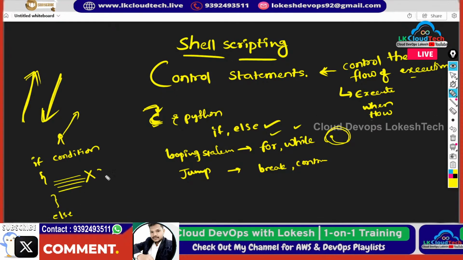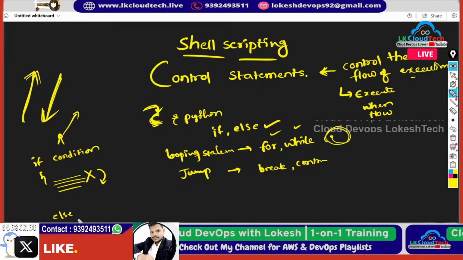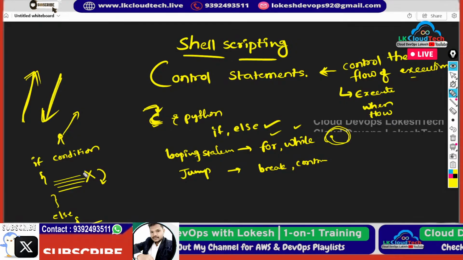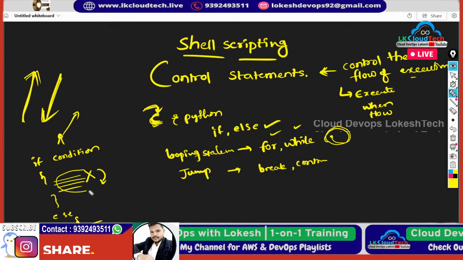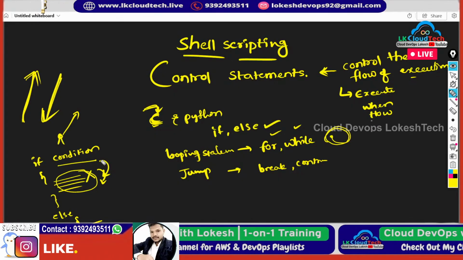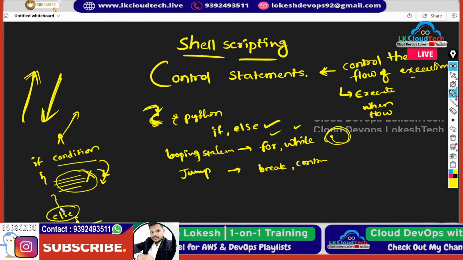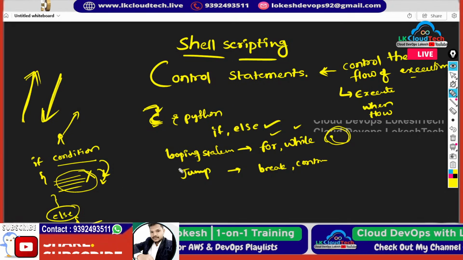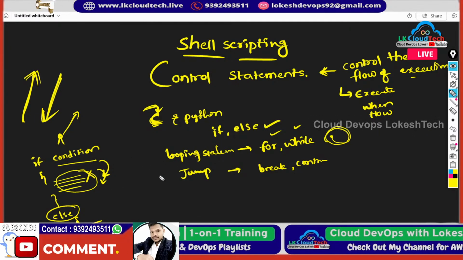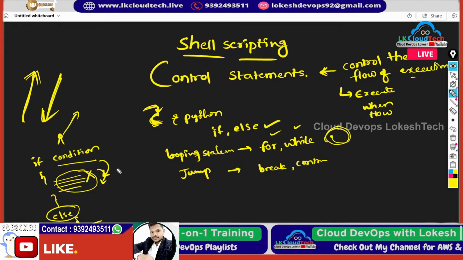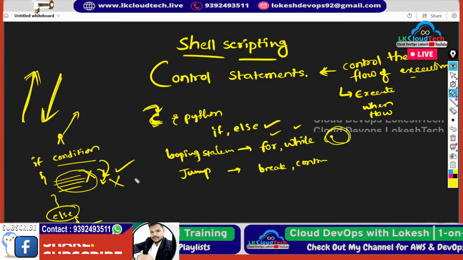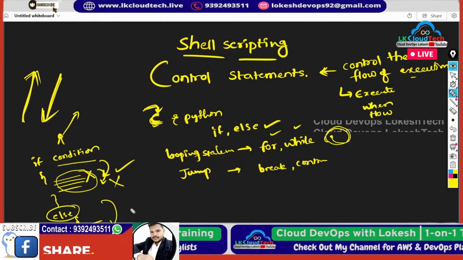If the condition is not satisfied by the if condition, then it will execute the else condition. If the condition is true, it will execute the first block; if the condition fails, it will execute the second block.